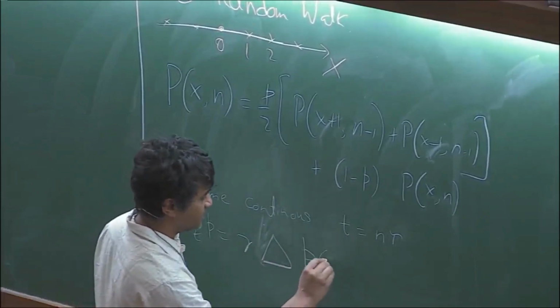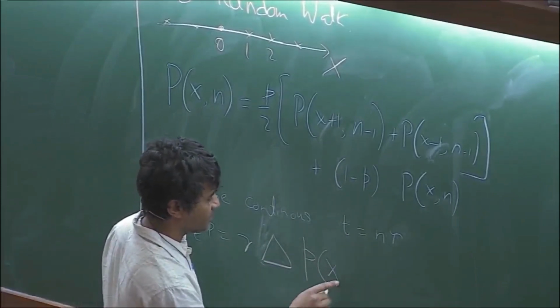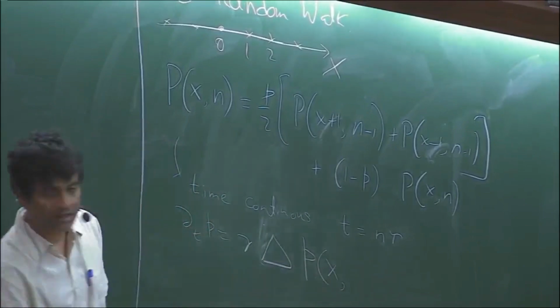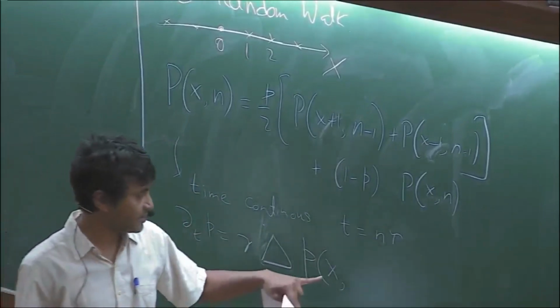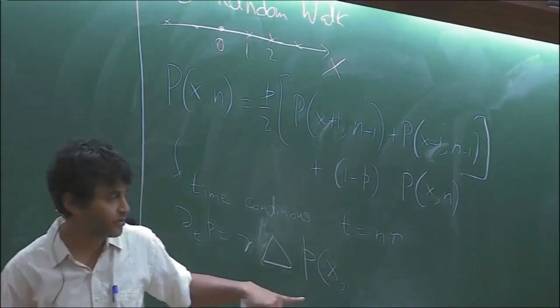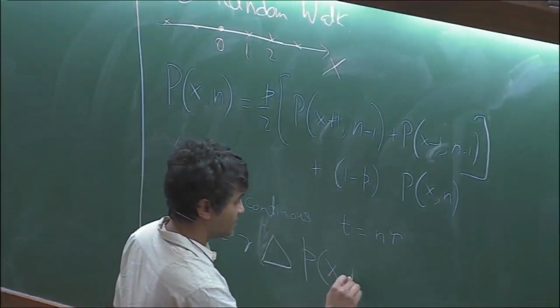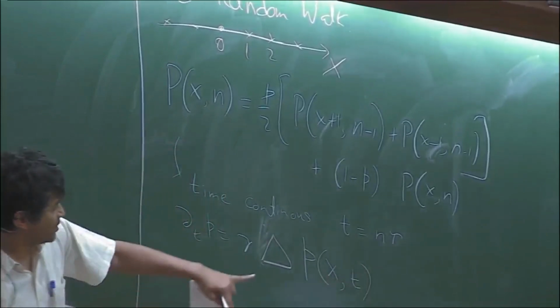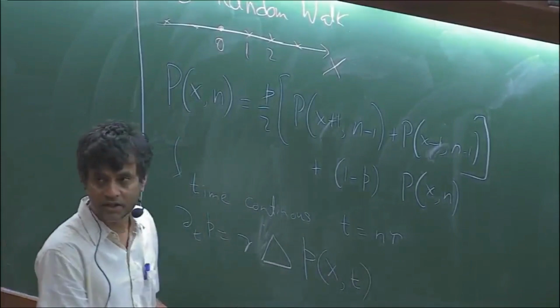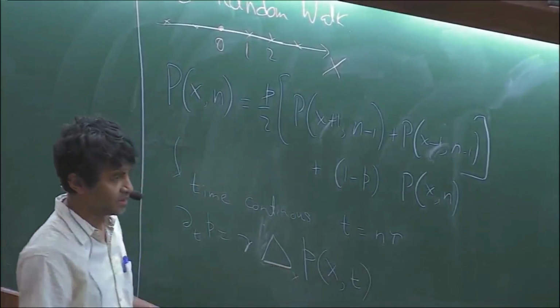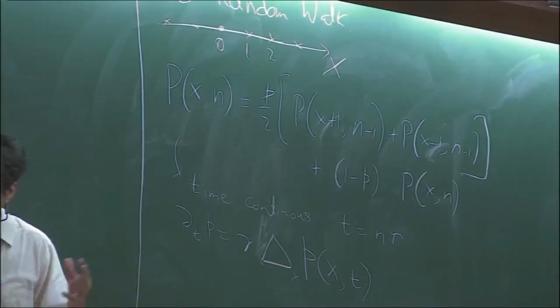Now this is p of x. X is still discrete. So when I write capital X, it's a discrete variable, and small x is a continuous variable, and this is now time. And this was defined as the discrete Laplacian operator. So it's just like a second derivative.